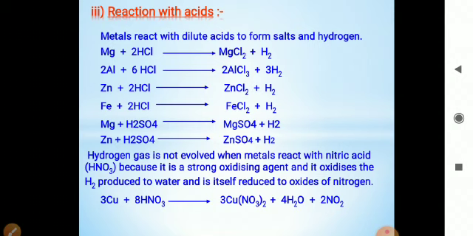Again, understand this point. Nitric acid is a strong oxidizing agent. Oxidizing agent means it can oxidize hydrogen.